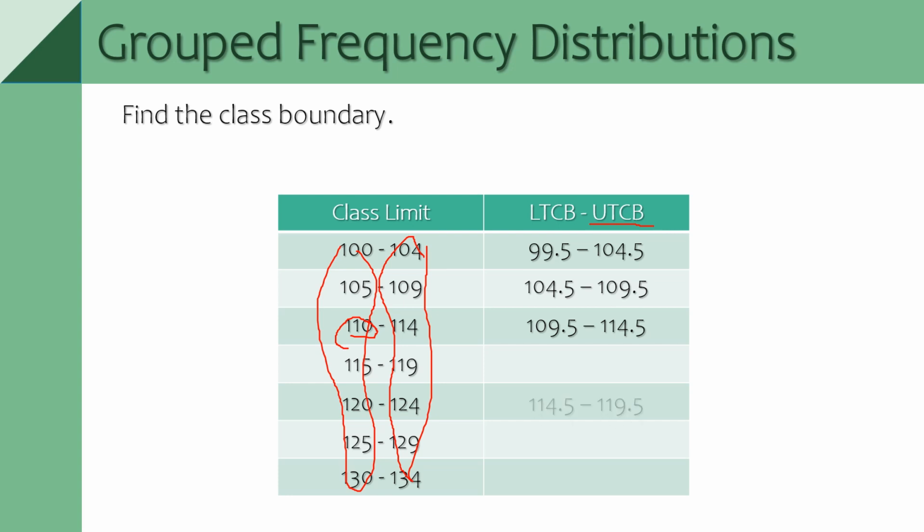Next is 114.5 to 119.5. Next is 119.5 to 124.5. And then we have 124.5 to 129.5. And then 129.5 to 134.5. So, ito yung class limit natin. Ito naman ang ating class boundary.